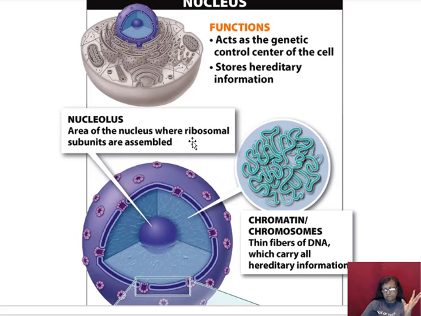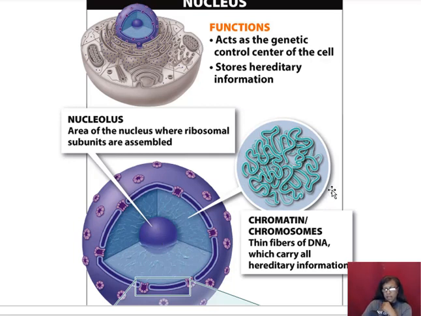but inside the nucleus is another area called the nucleolus. And this is where those ribosomal subunits are assembled. So remember I told you that the ribosomes are these little balls that are sort of studded on the rough endoplasmic reticulum. That's where proteins are made. Well, the nucleolus is where the ribosomes are actually made.